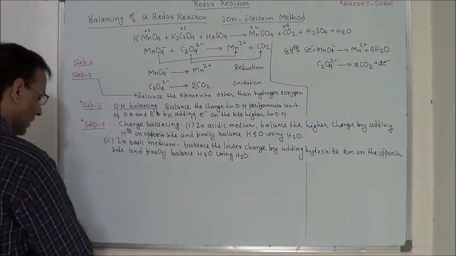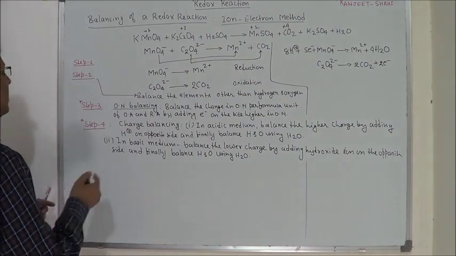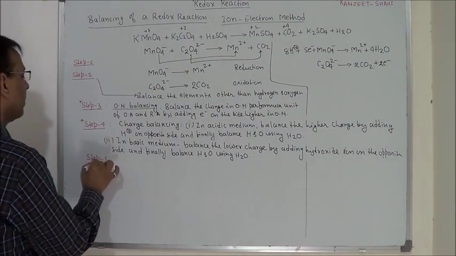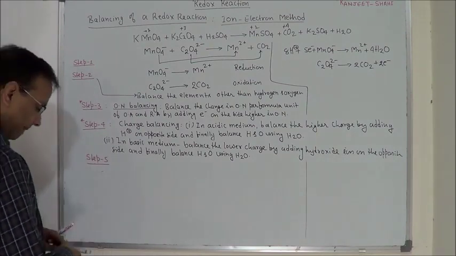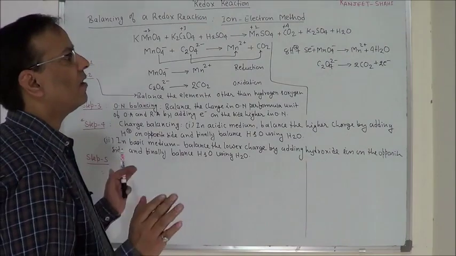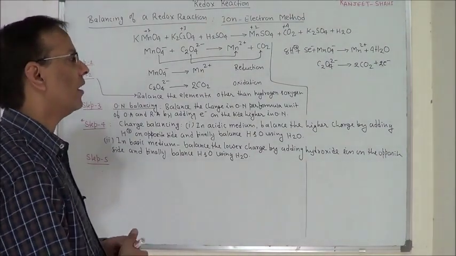Then the last and the final step, which we call step 5: equalization of electrons in the two half reactions.